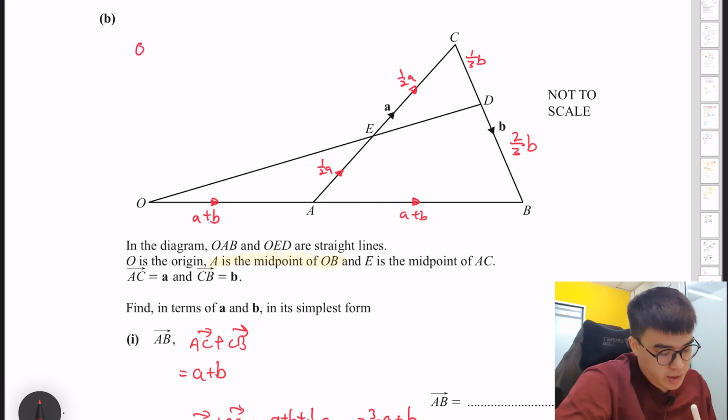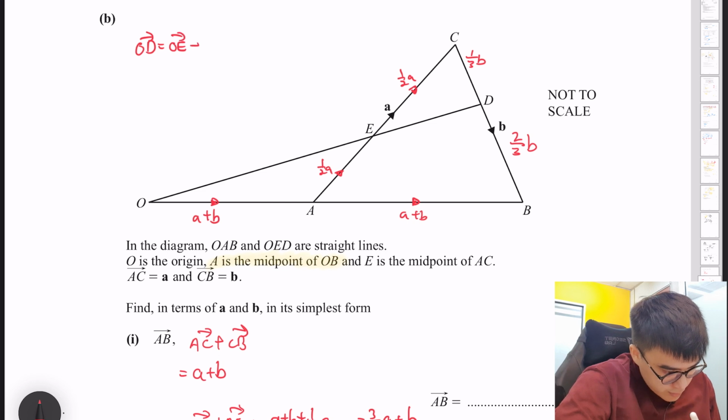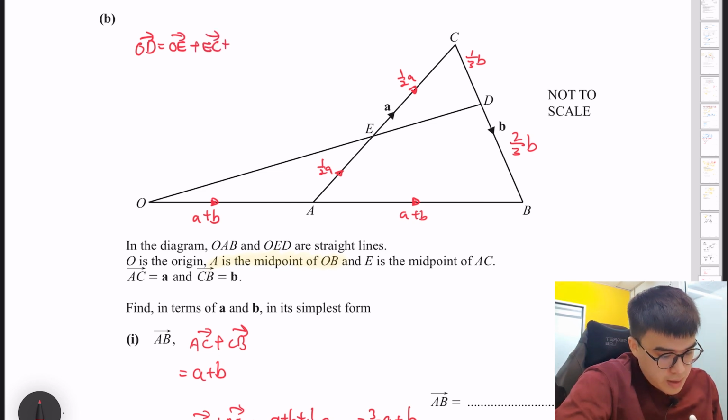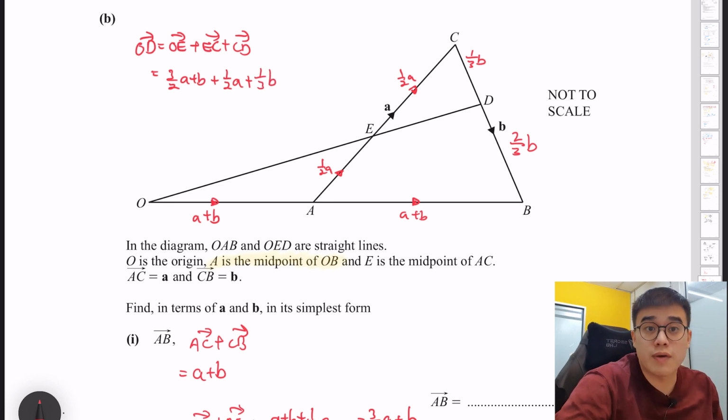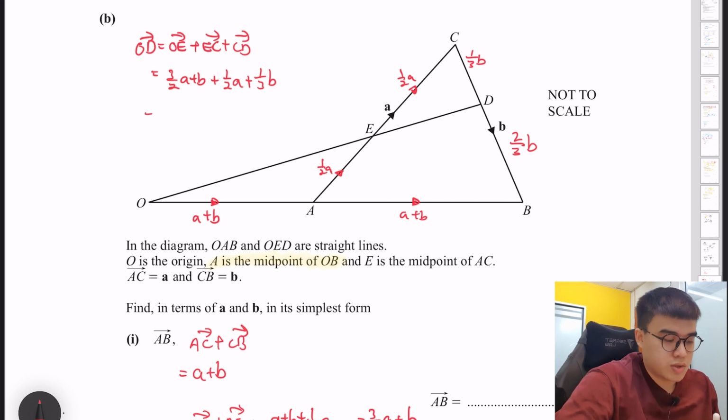The only route that we can go to OD will be OE plus EC plus CD. So OE is what we got, which is 3/2 a plus b. EC is actually the half a that we got earlier. And CD is the 1/3 b that we identified. So with all this information, you get 2a plus 4/3 b.